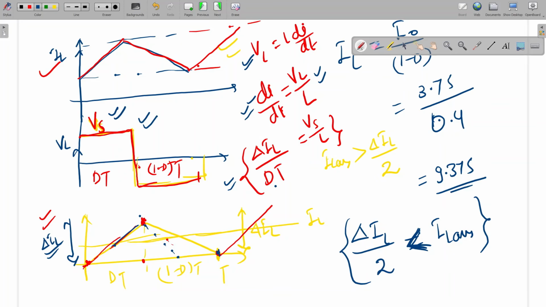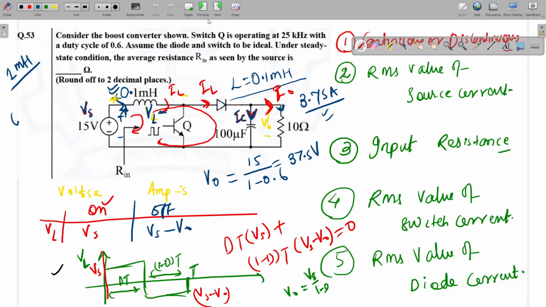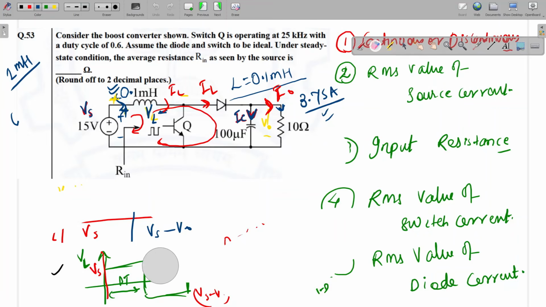Is it clear? So from here we can calculate delta IL. For this question, can anyone calculate the value of delta IL from this data?